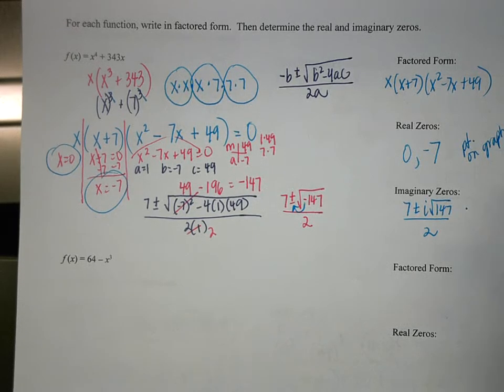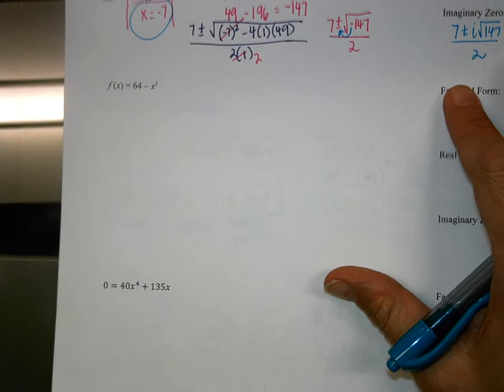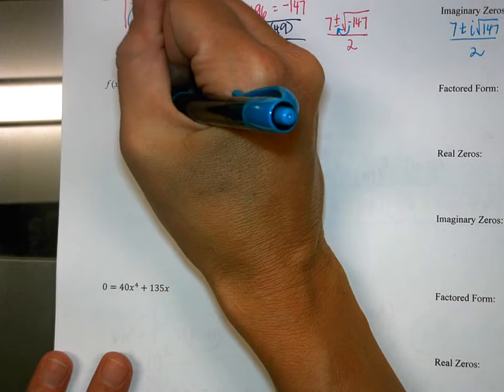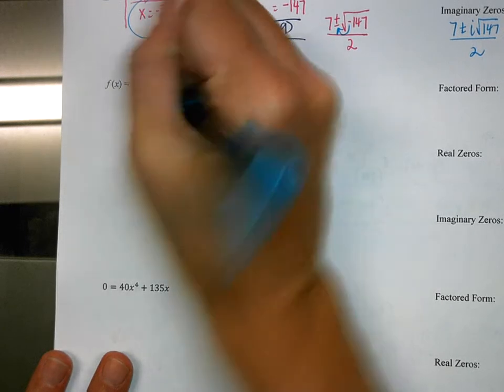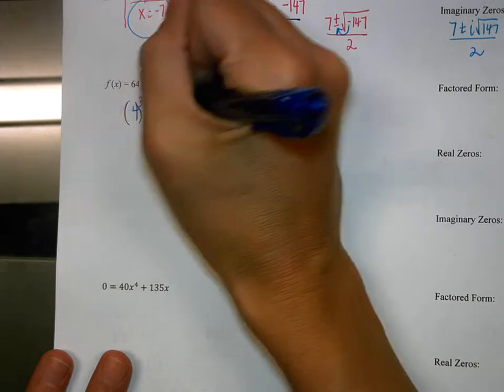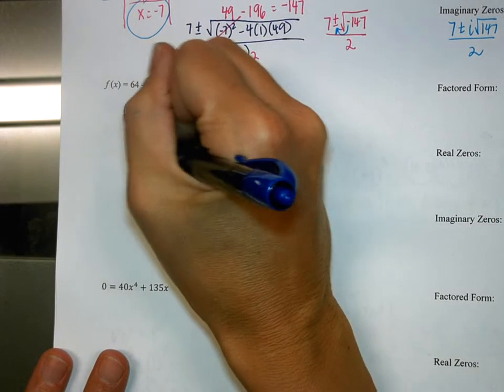Okay, so let's go ahead and do another one here. So 64, if we're writing that in factored form or in cubed form, it would be 4 cubed minus x cubed. We can go ahead and put our parentheses around that. And so my first parenthesis here would be 4 minus x.